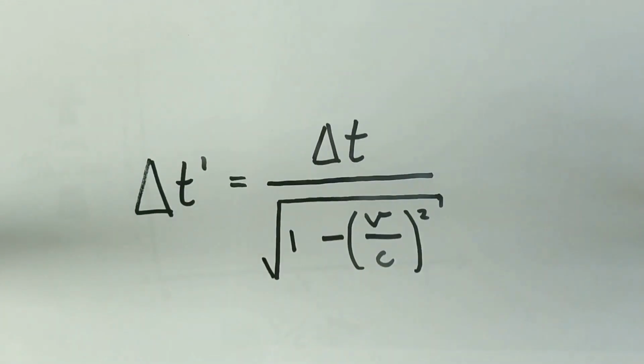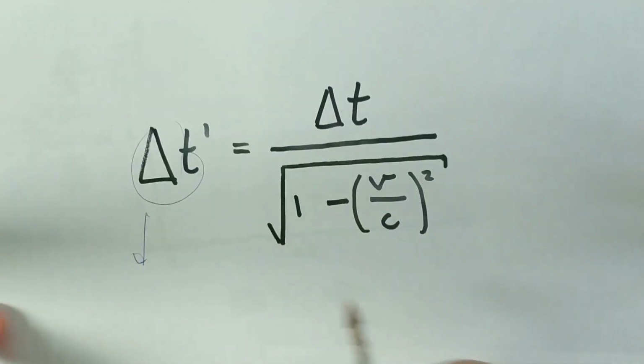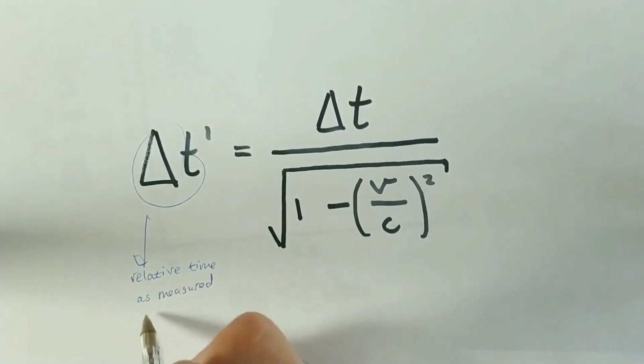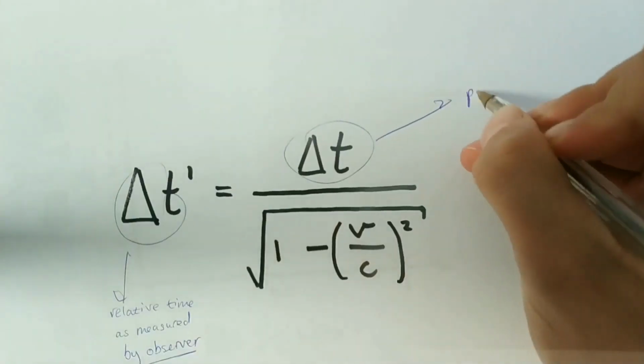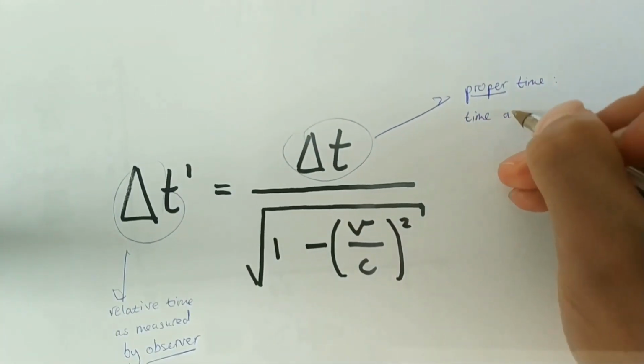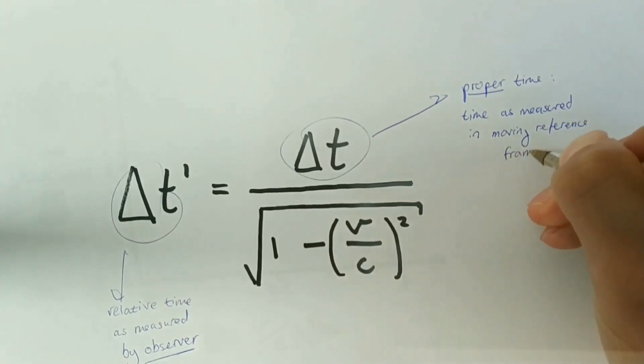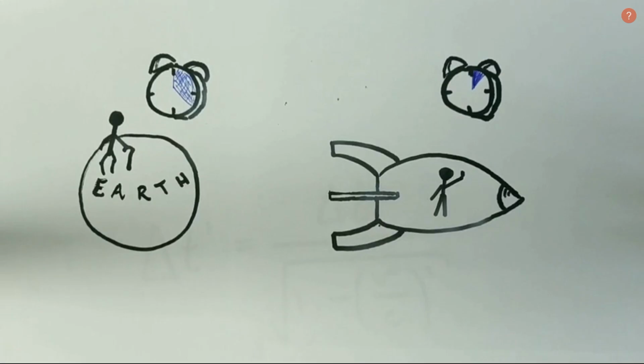This equation here is used to describe time dilation. Let's look at some of the variables involved. T prime is the relative time as measured by the observer, whereas T is the proper time as measured in the moving reference frame. Going back to our example of a rocket moving away from the Earth, if you are a person on the Earth, you are said to be the observer watching the rocket move away.